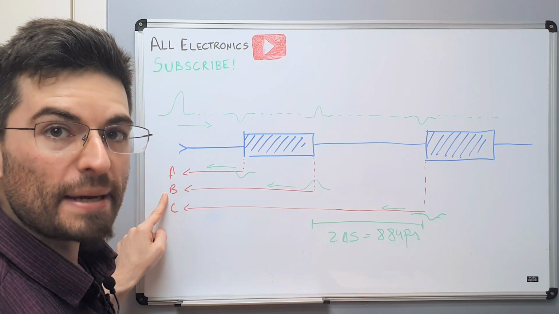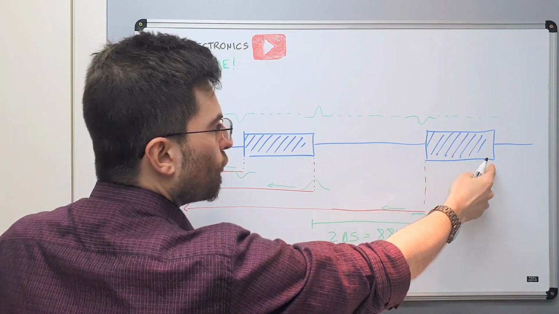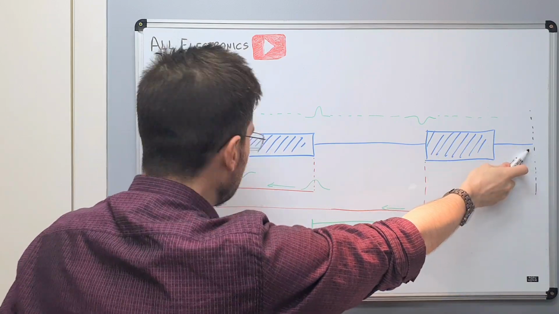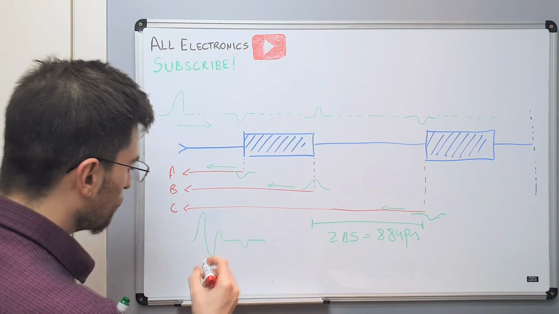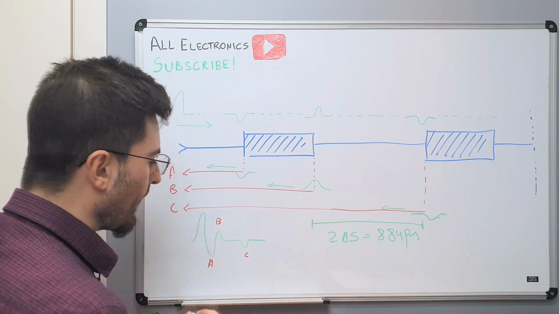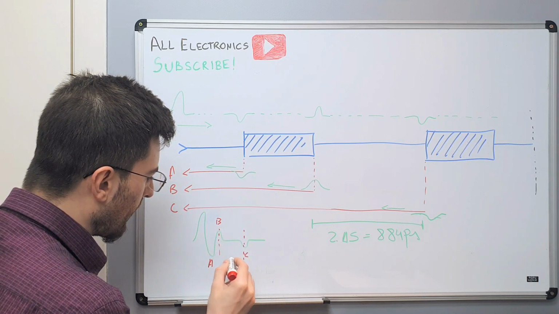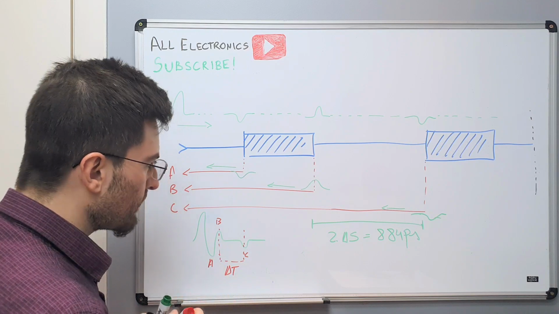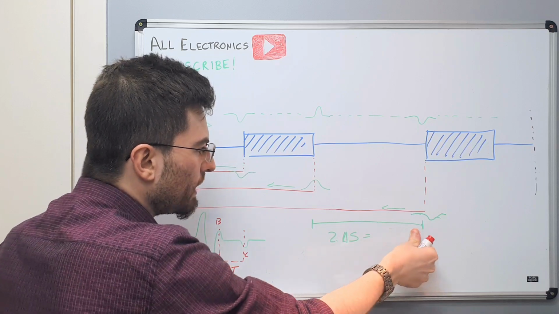This is reflection B. The same occurs for reflection C, and of course it also occurs for this reflection and the end of the PCB. So the signal that we measure has reflection A here, reflection B, and reflection C, and we are interested in the delta time between these two reflections. And that delta time is 884 picoseconds.